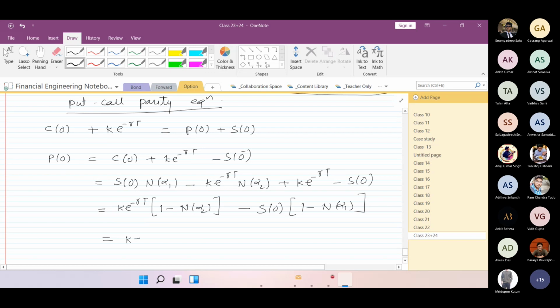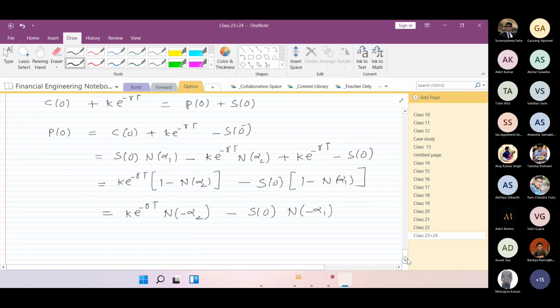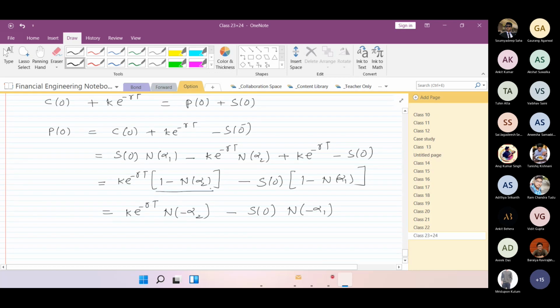So this can be given as, let me know if you know this or not. Do you know this? Yes, sir. We can write this as minus alpha 2 and this as minus alpha 1. Do you know this or not? Yes, sir. All of you? Yes, sir. All right.